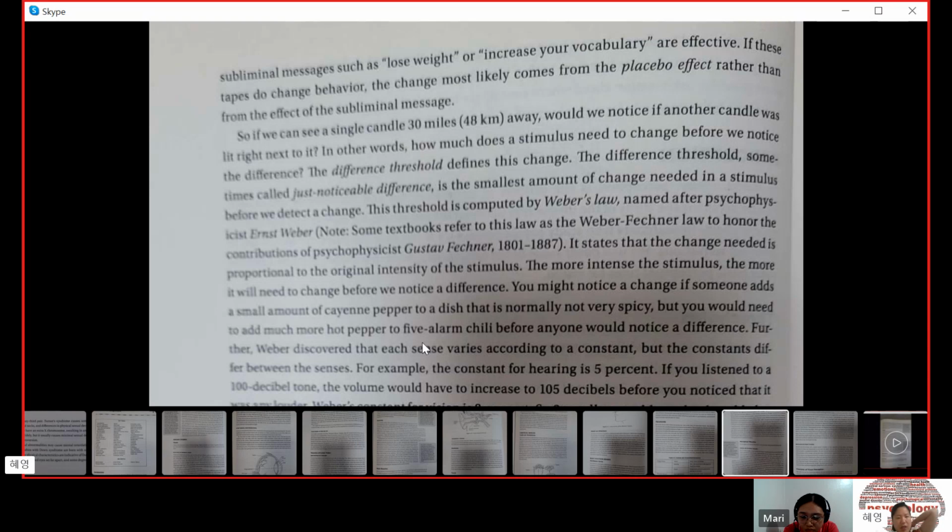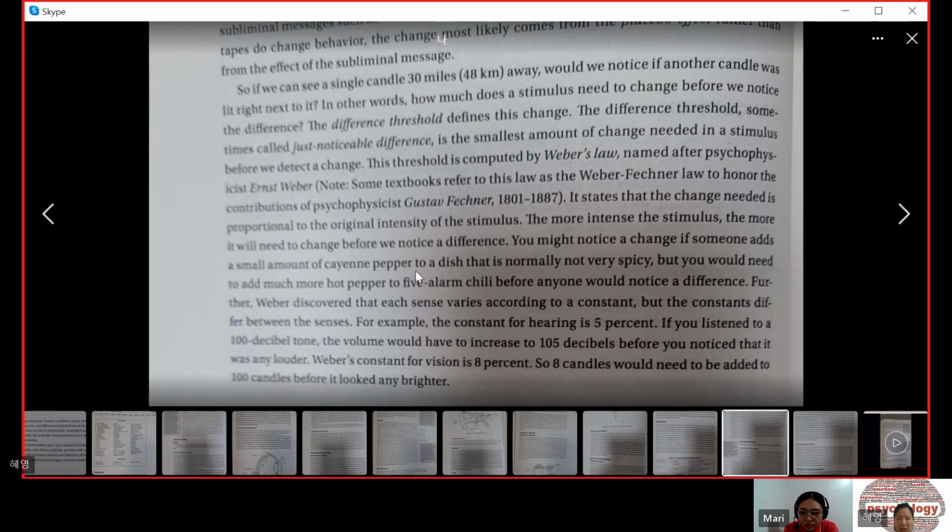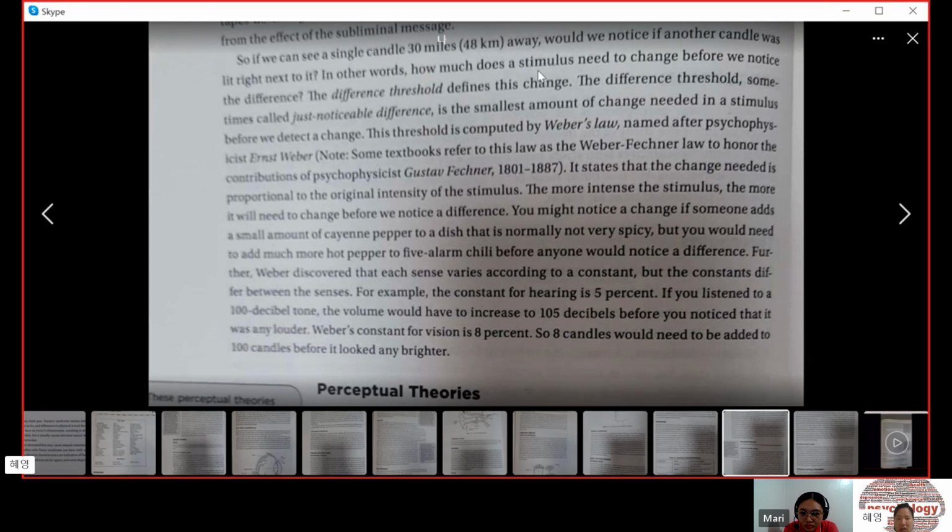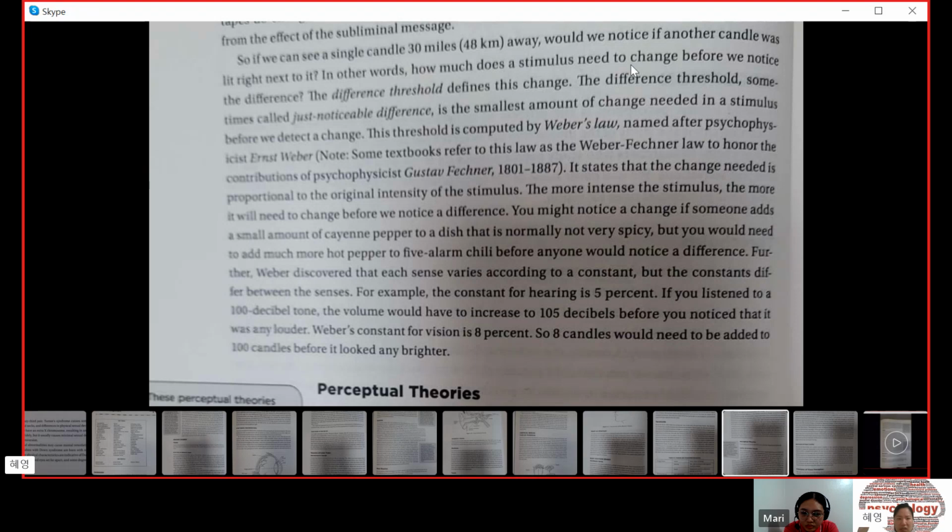So, if we can see a single candle 30 miles away, would we notice if another candle was lit next to it? In other words, how much does a stimulus need to change before we notice the difference?